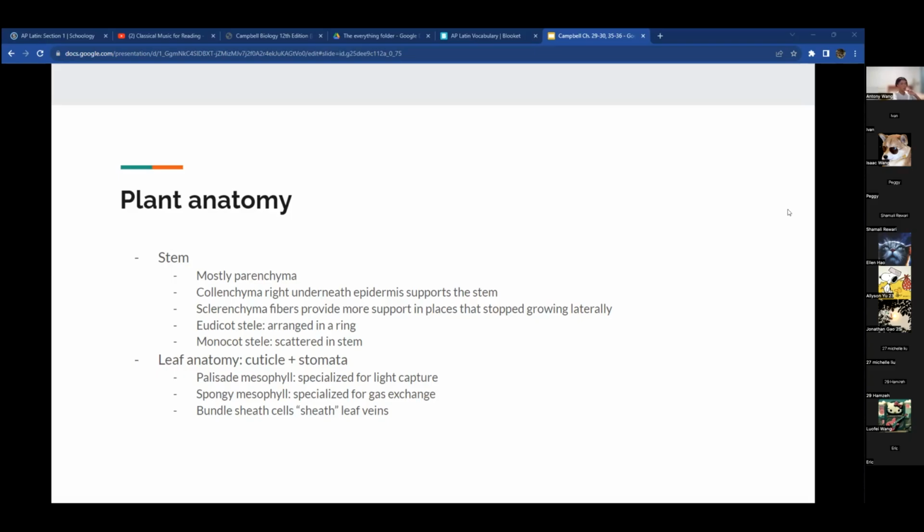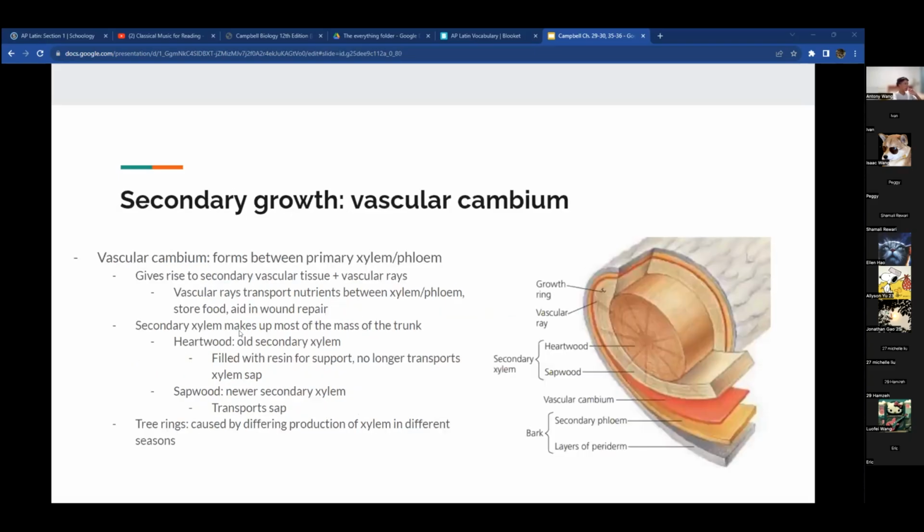Yeah, I already went over that. Then you have secondary growth of the vascular cambium. The vascular cambium forms between primary xylem and phloem. So in a plant that just underwent primary growth, you have primary xylem and phloem. These are the first xylem and phloem cells.